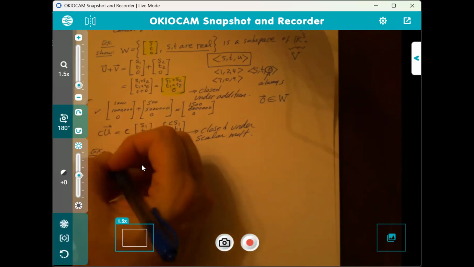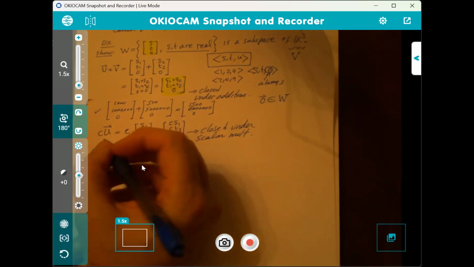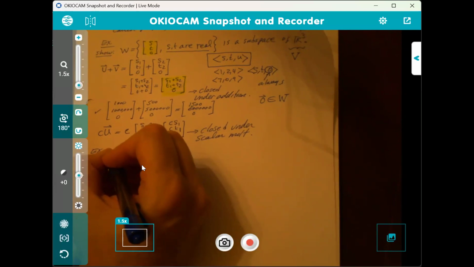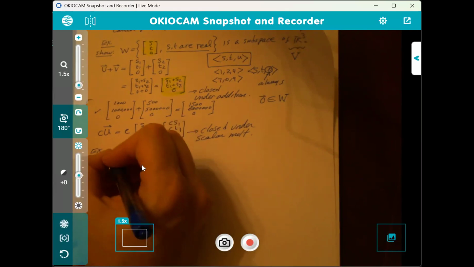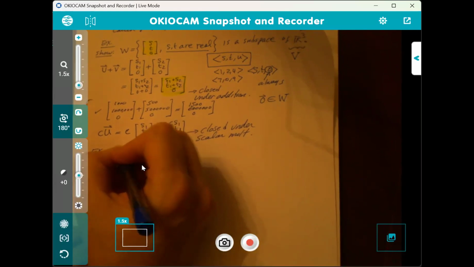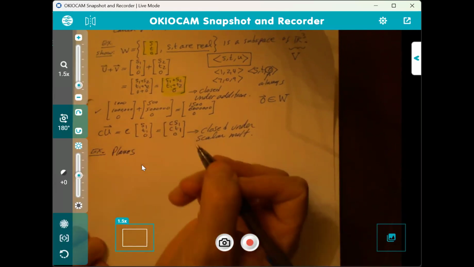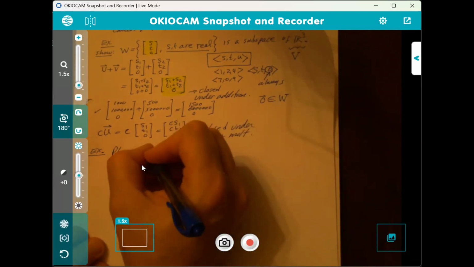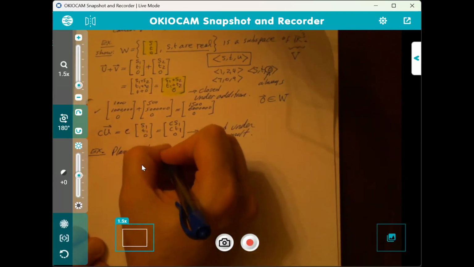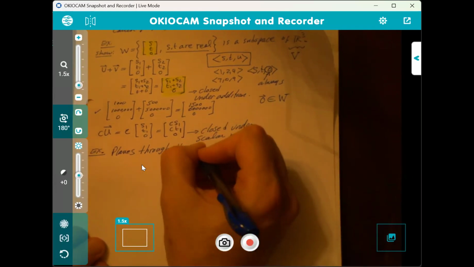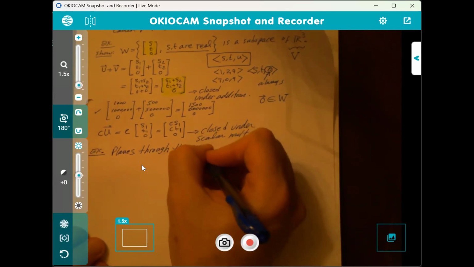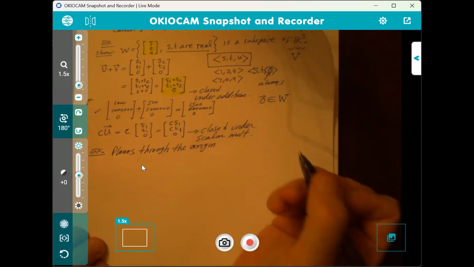So let's say we want to know whether planes, I'm looking at planes through the origin.